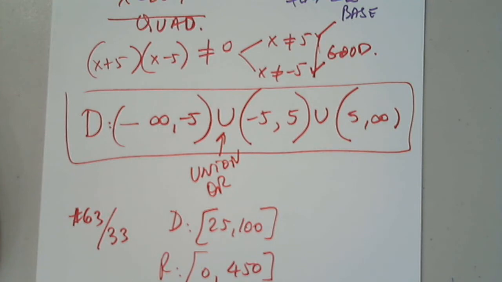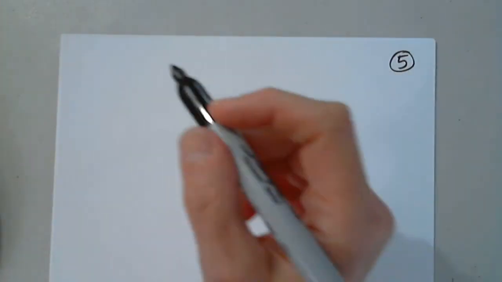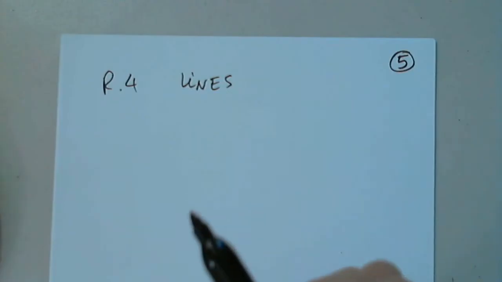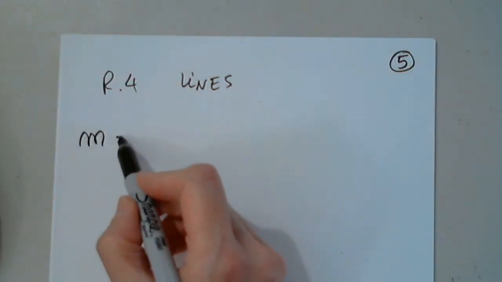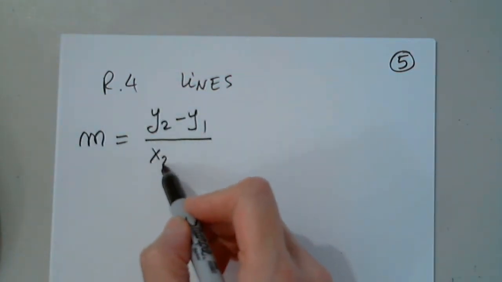Okay, moving on, I would like to continue with the next section, which is R.4. We talked about it, and I don't think we have any secrets. So allow me to stop sharing. This was page 5. Okay, so R.4, lines. We know the slope given 2 points: y2 minus y1 over x2 minus x1.